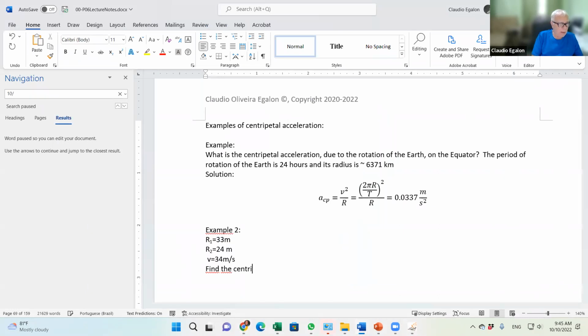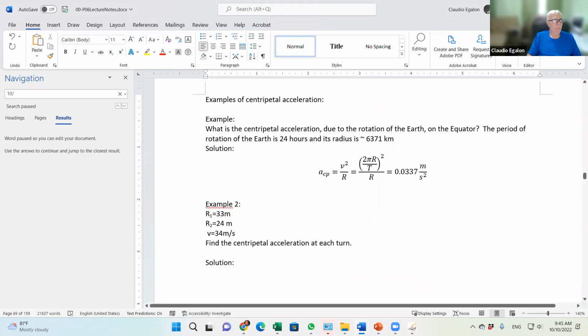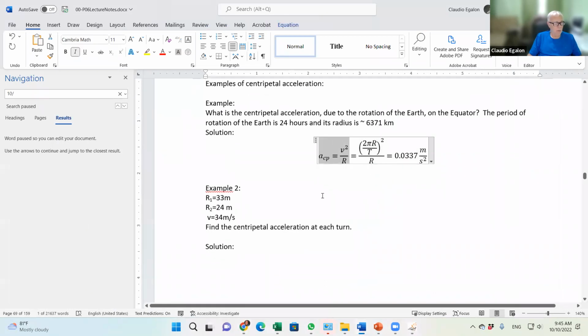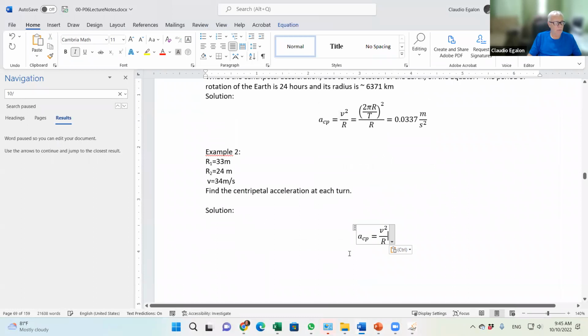Solution. That's straightforward, right? Just straightforward application of formulas, but then he asks us something else too. Find the centripetal acceleration in terms of g. That's what he's asking.